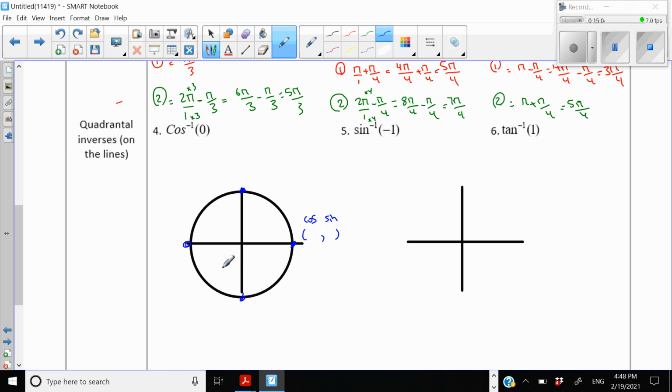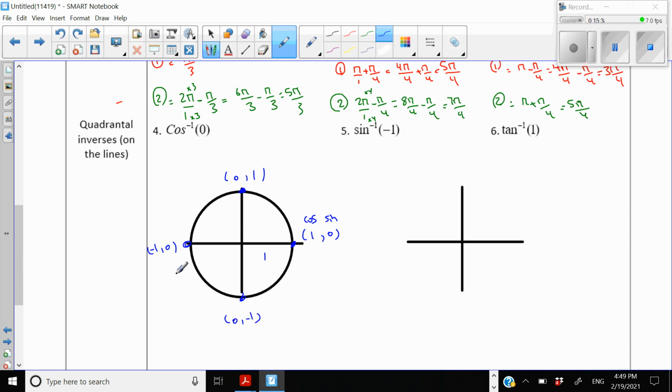So all these angles have coordinates like these on these points. If this is a unit circle, the radius is equal to 1. So the coordinate of this point will be 1 and 0, because at this point x value is 1 and y value is 0. On this point, x is 0, y is 1. Here x is negative 1, y is 0. And here x is 0, y is negative 1.